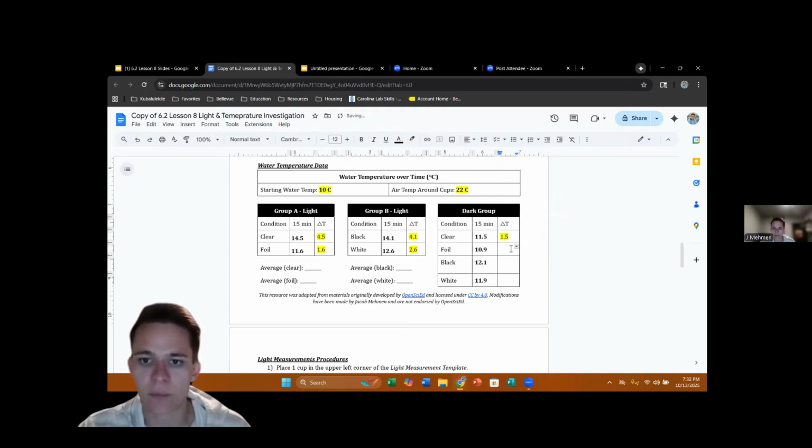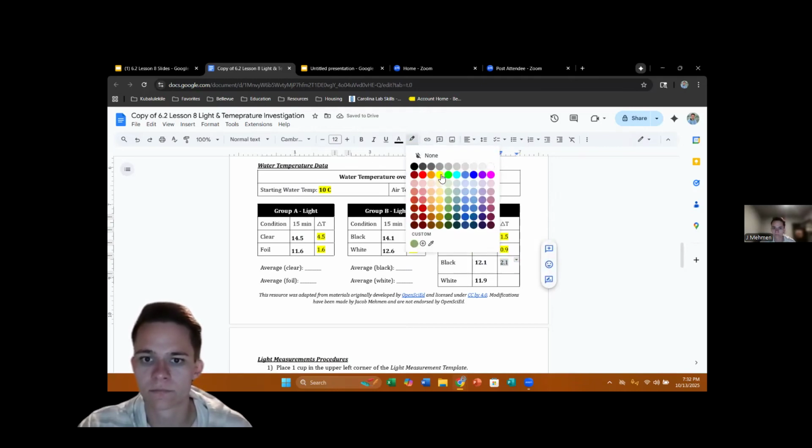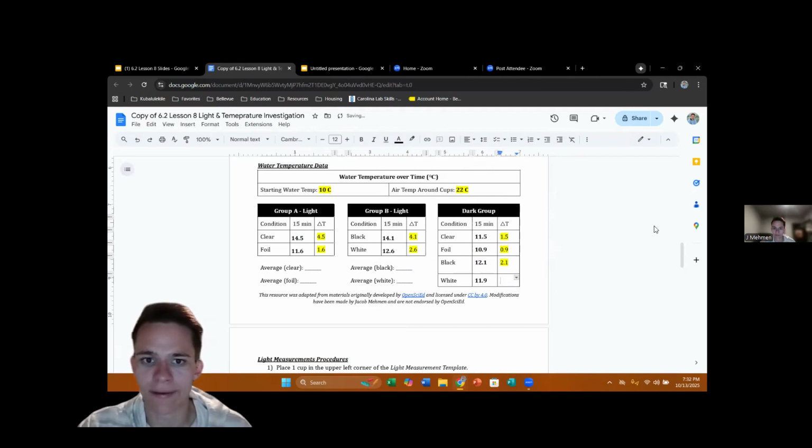If we take 10.9 minus 10, we get 0.9. If we take our black cup, 12.2, we get 2.1. And then our white cup, 11.9, that gives us 1.9.